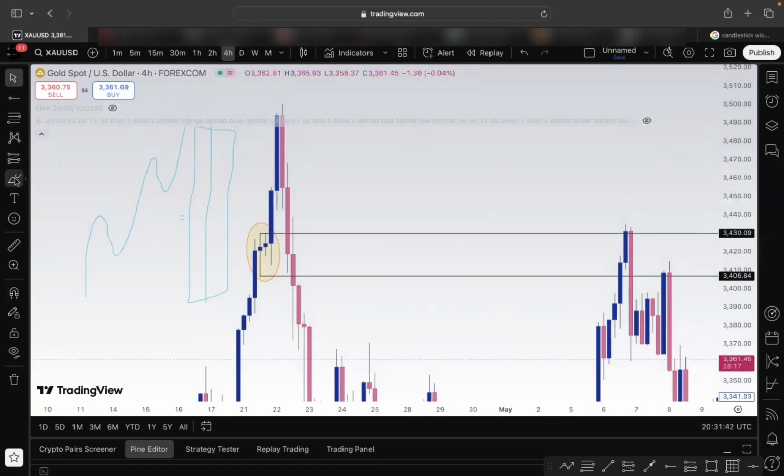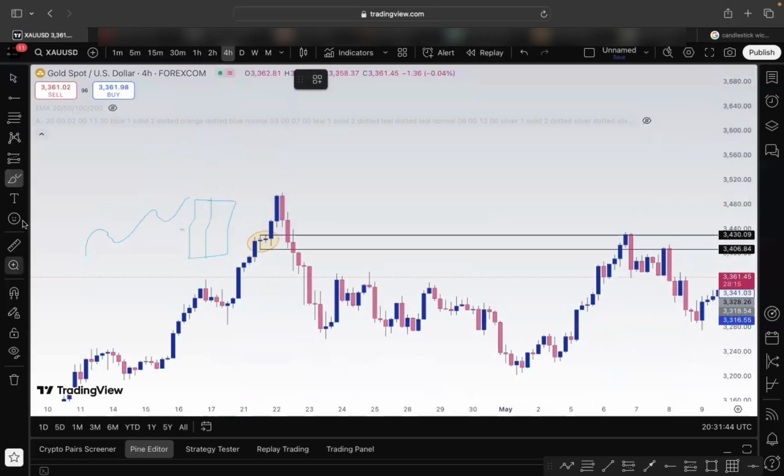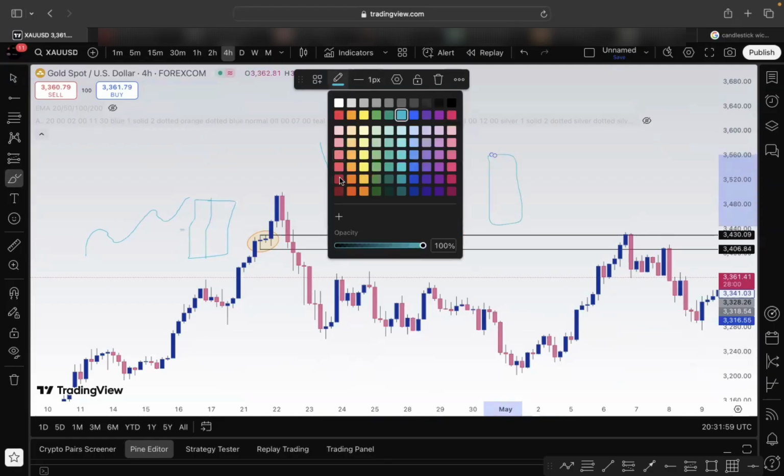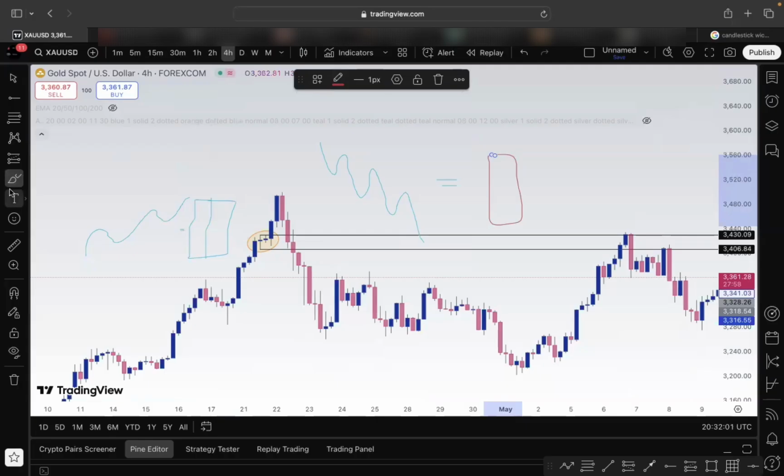If it's a down move, you probably see a bearish candle. So this would also be equal to one bearish candle. Let's change the color to red. So this would be one bearish candle with a wick above, maybe a wick below here.